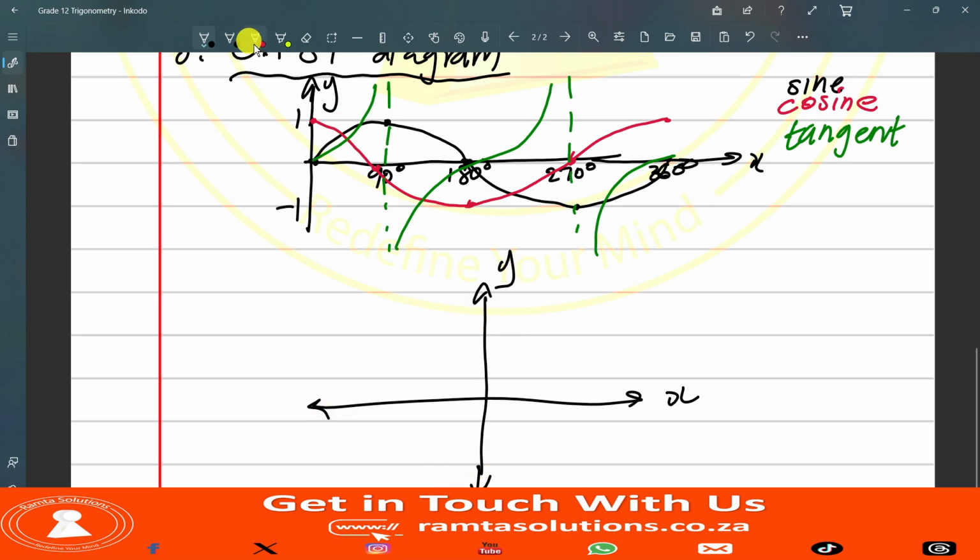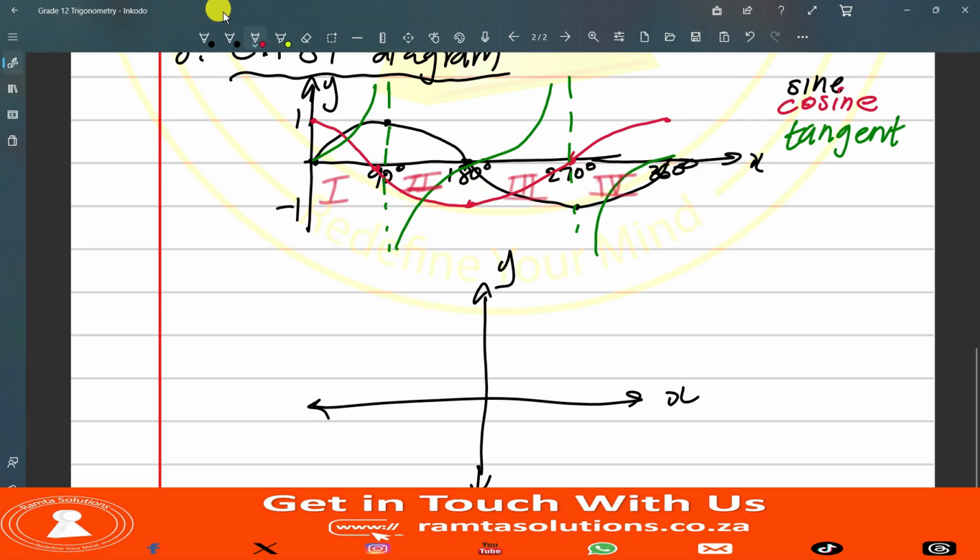I will label these things. From 0 to 90, we call it the first quadrant. From 90 to 180, the second quadrant. From 180 to 270, the third quadrant. From 270 to 360, the fourth quadrant.